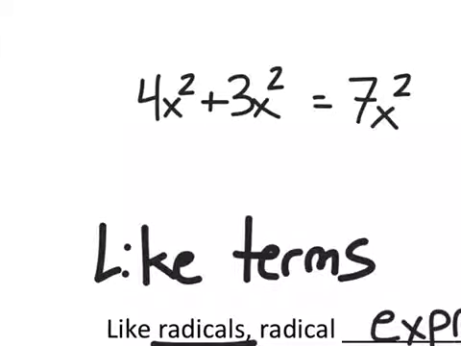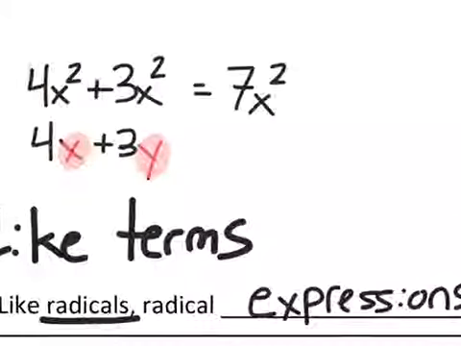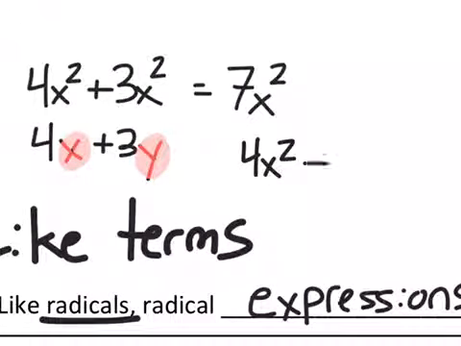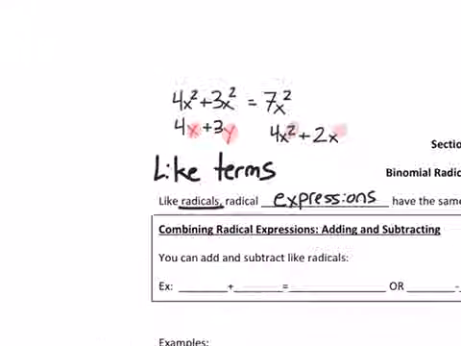Things that are not like terms, 4x plus 3y, aren't like terms because they don't have the same variables. And there's lots of instances of things that aren't like terms. Even something like 4x squared plus 2x wouldn't be like terms, because they don't have the same degree. So that's going to be the same concept today.